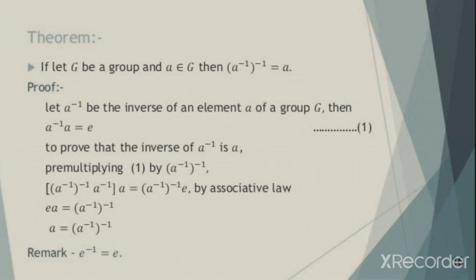So (a inverse) inverse (a inverse a) will be equal to (a inverse) inverse e by associative law. So ea will be equal to (a inverse) inverse. It can be written as a is equal to (a inverse) inverse.